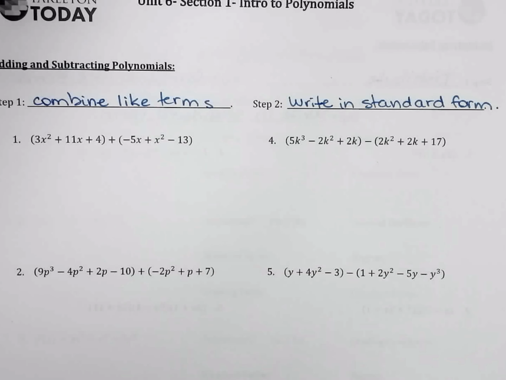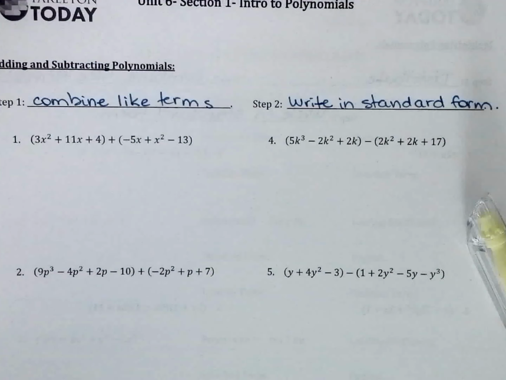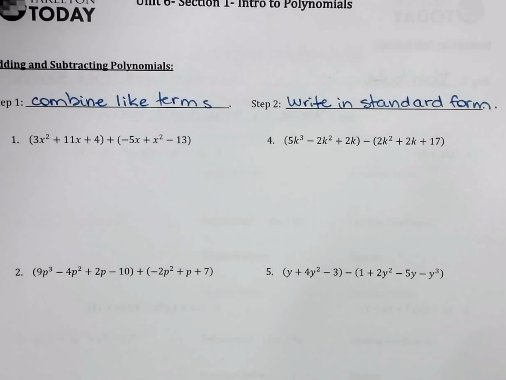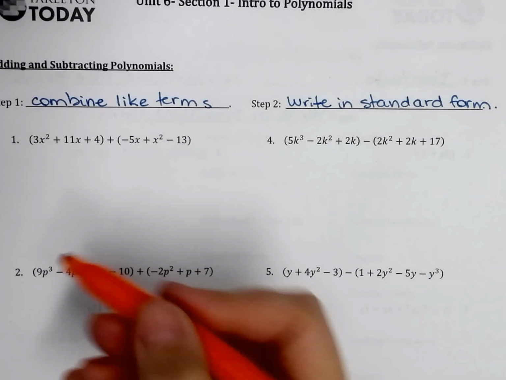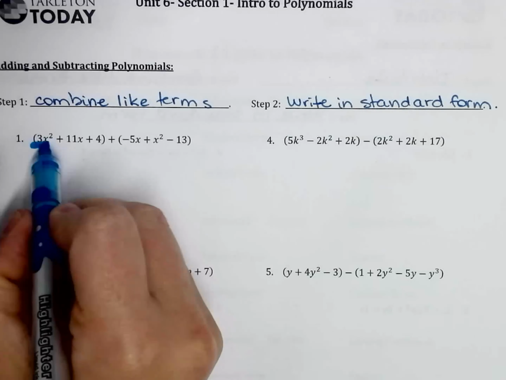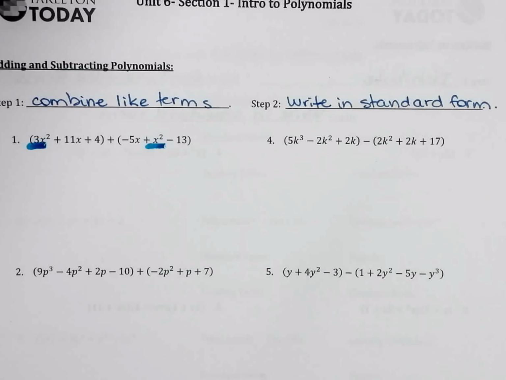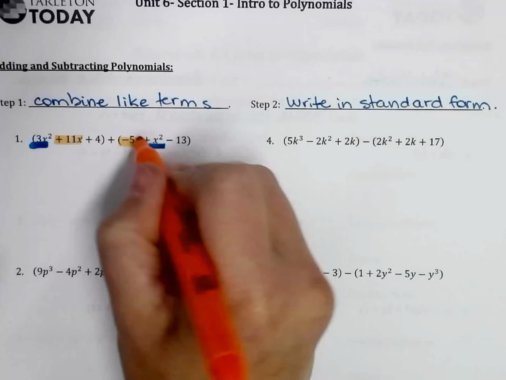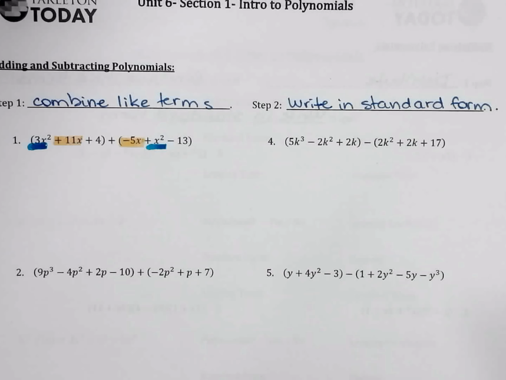I need a third color. So I'm going to look for x squared. So I'm going to combine both x squared, and then I'm going to combine x, and I'm going to combine the constant.